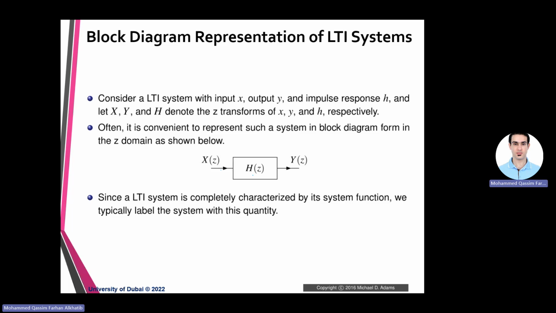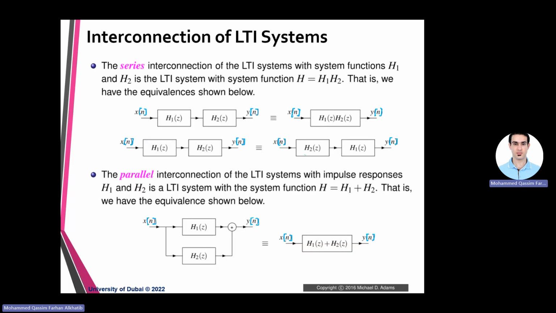Nothing new from before, but we just changed the domain. Previously we used Fourier, Laplace, and now it's the z domain. When you have them in cascade or series, in the z domain you multiply them. And you can also interchange between them. If they are parallel, you just add them together.